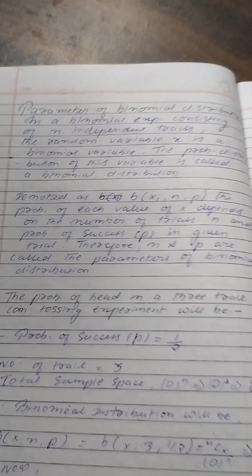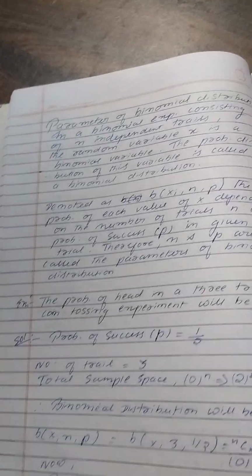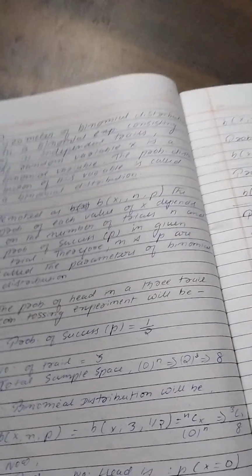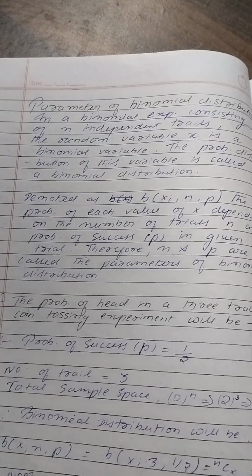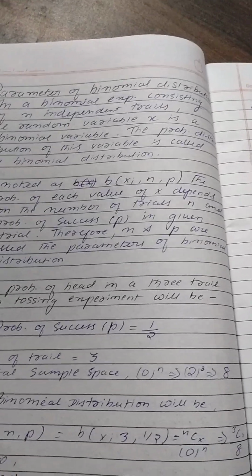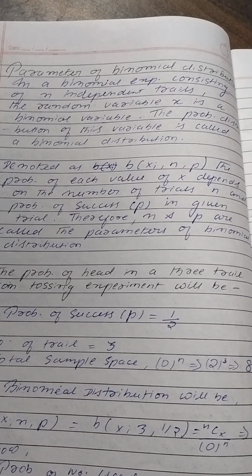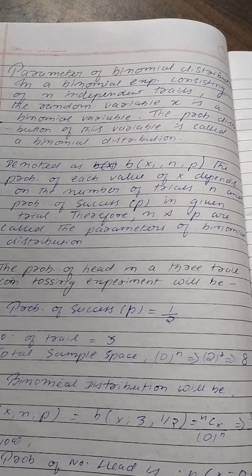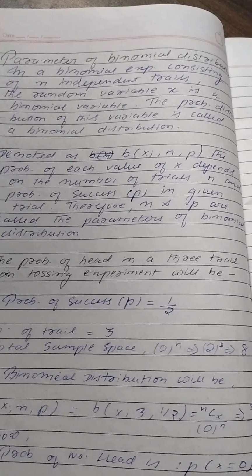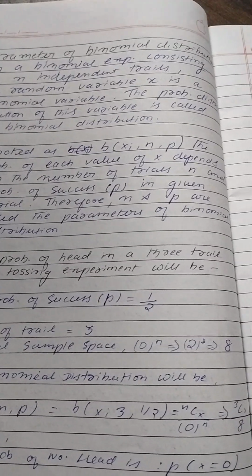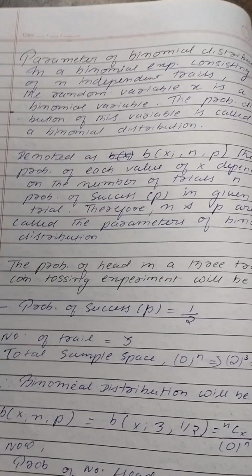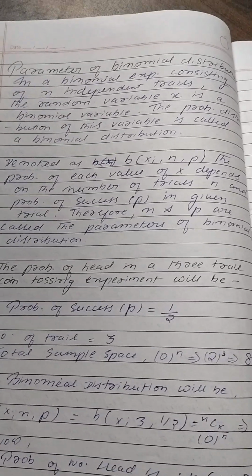Then we have the parameters of the binomial distribution. What are the parameters of the binomial distribution? First, a binomial experiment consists of n independent trials. The random variable x is a binomial variable, and the probability distribution of this variable is called a binomial distribution.